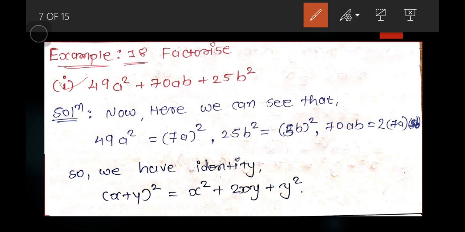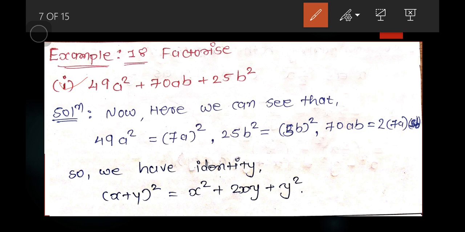Now we can also factorize a given polynomial by using factorization of a quadratic polynomial. As you can see, this example is a quadratic polynomial, but with the help of algebraic identities we can also solve it.